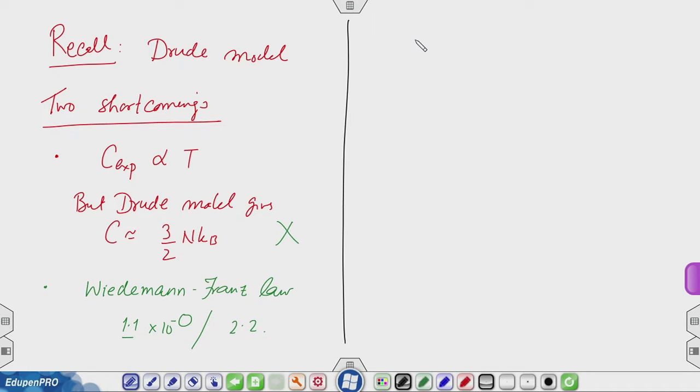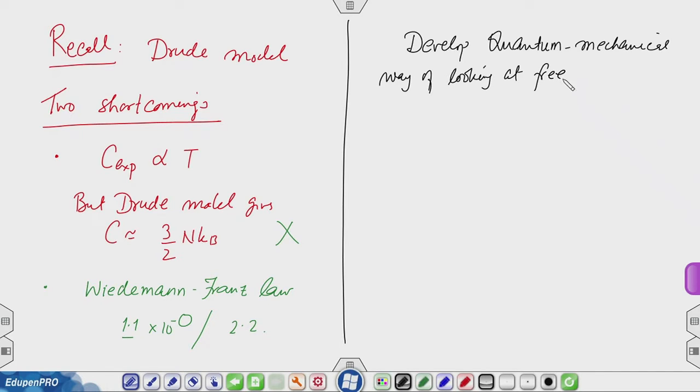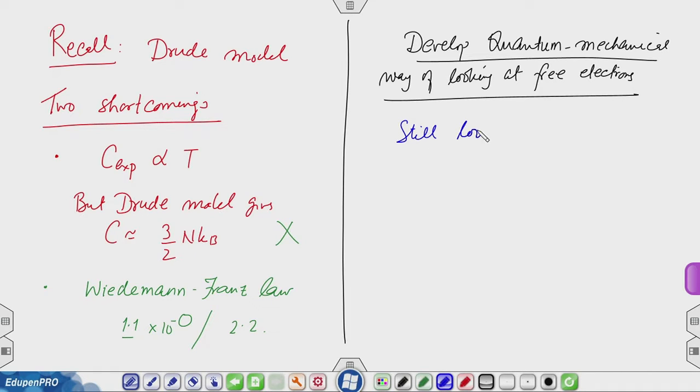So, what we are going to do now is develop a quantum mechanical way of looking at free electrons. Keep in mind that I am still looking at free electrons.